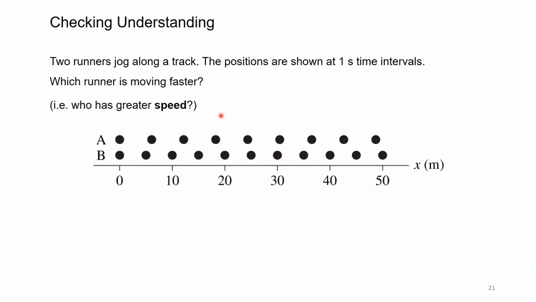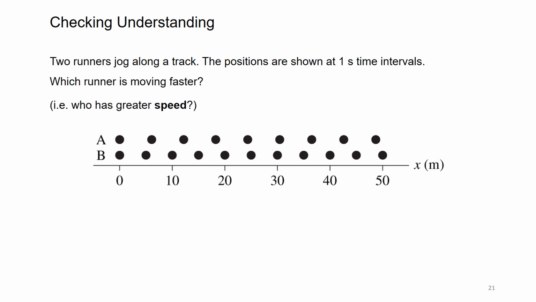Now, before we continue, let's do this problem with motion diagrams. We have two runners, A and B. They both start at position 0 at time 0. Runner A ends up slightly below 50 meters. Let's assume it's at 48 meters. So let's mark them.